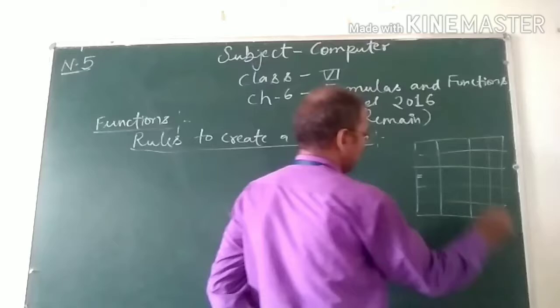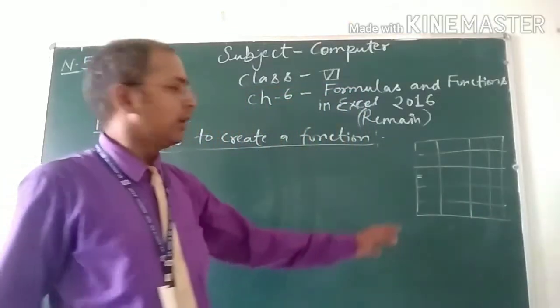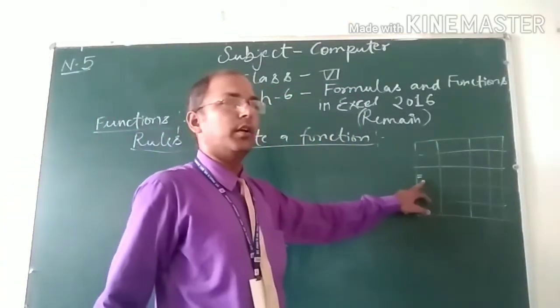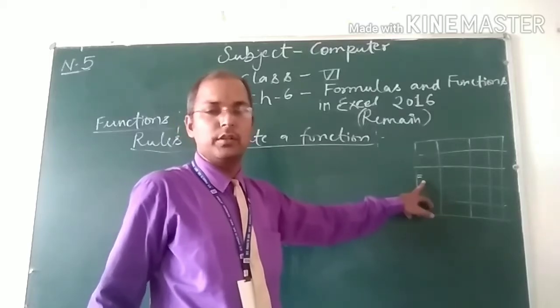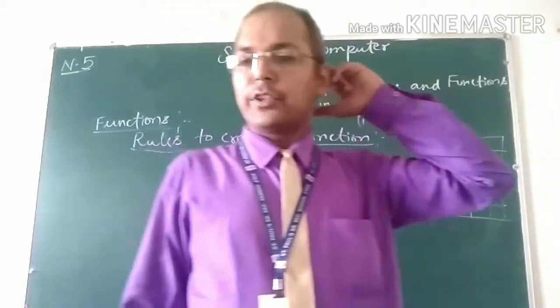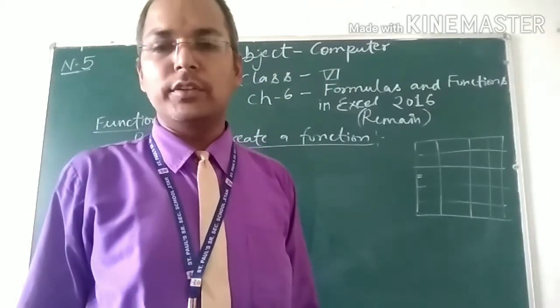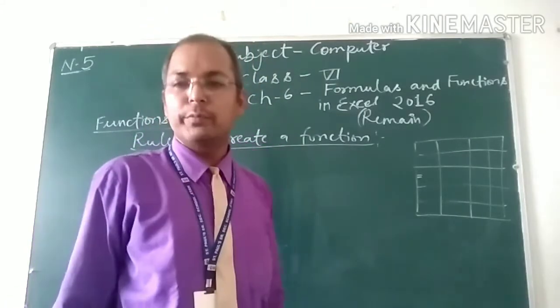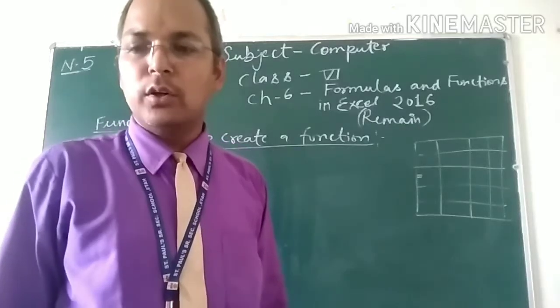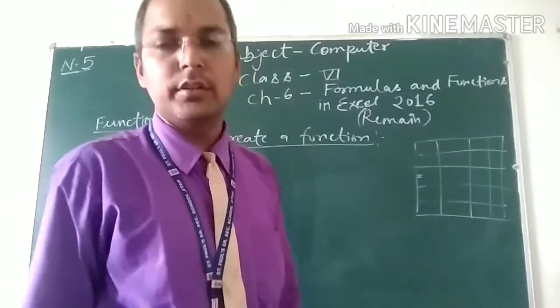If you start a function in a cell, then you have to start with the help of the equal sign. So the structure of a function begins with an equal sign followed by the function's name. The function name must be followed by the arguments separated by commas and closed parentheses.